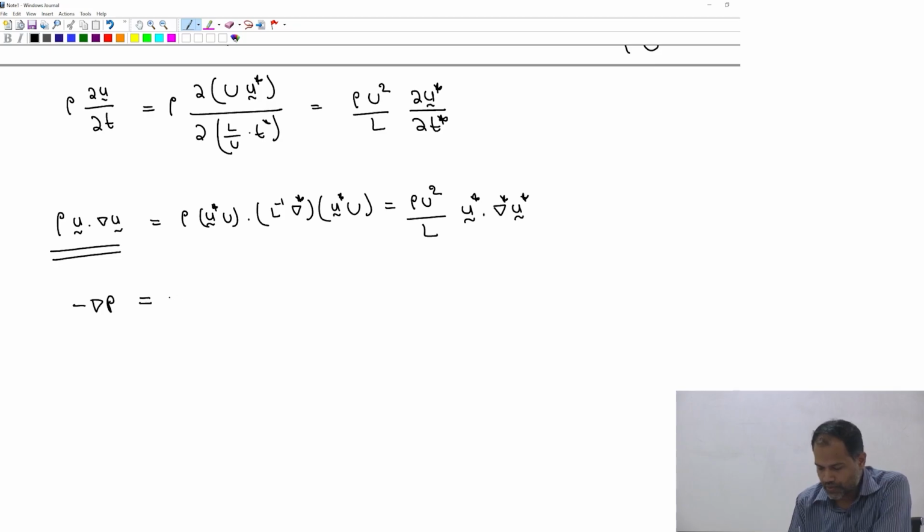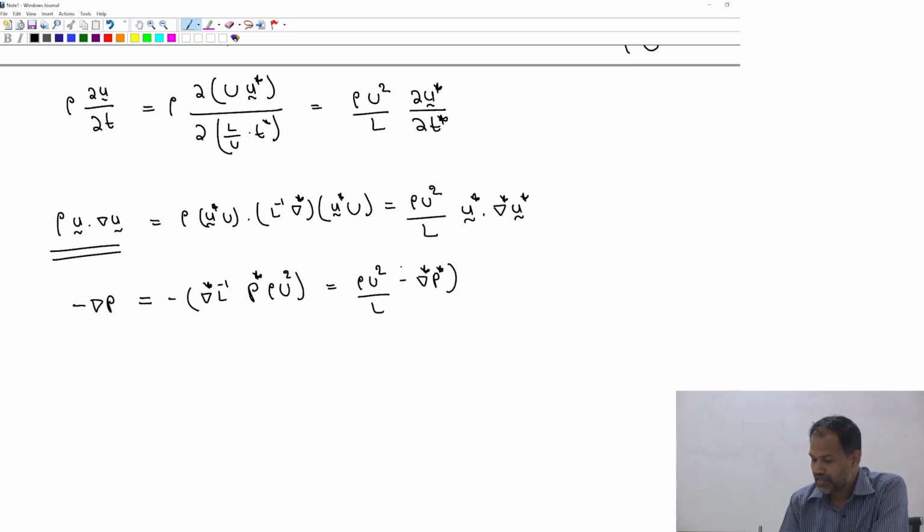So that's equal to minus grad star L inverse acting on pressure. Pressure we said we will non-dimensionalize as P star rho u square. So you are going to get rho u square by L times minus grad star P star.